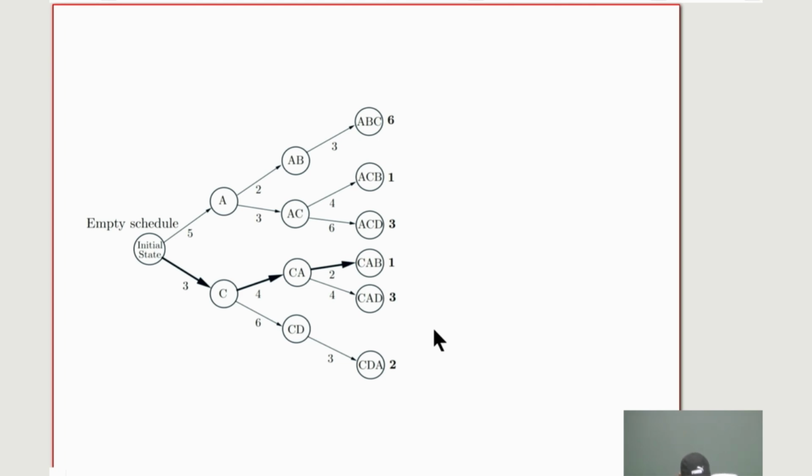So here the cost to go from AB to ABC is 6. So I'm now looking at the terminal, let's say. Okay, so what were the terminal costs involved? So from AB to ABC, the cost is 6.